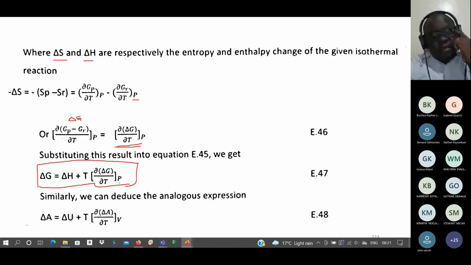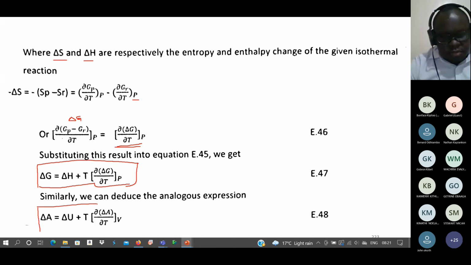Now, similarly, the same way that we have come up with this expression E47, we can also end up with an expression for delta A, or the change in the Helmholtz free energy. So this would be given by this expression here.